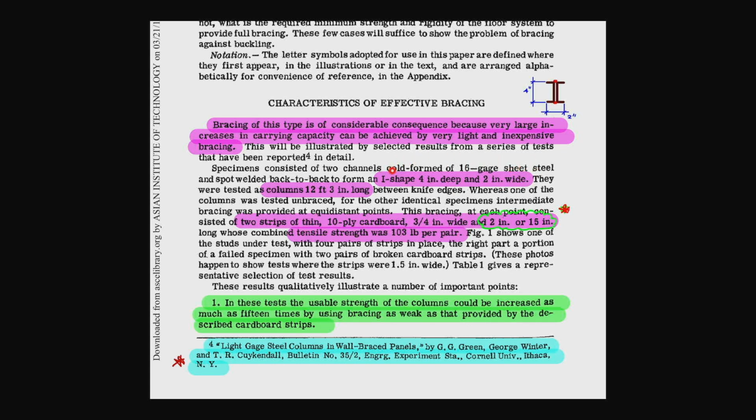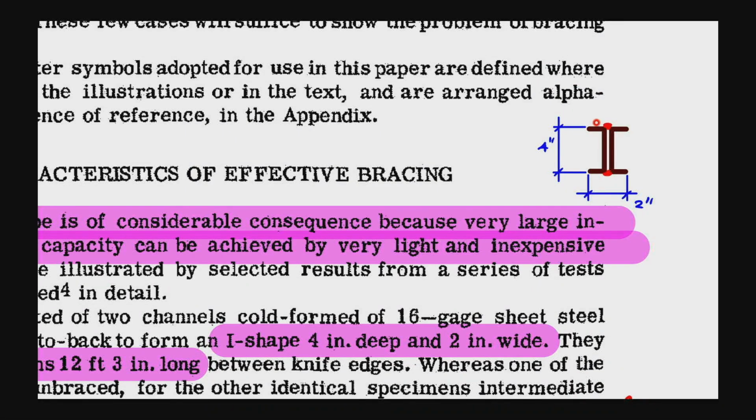It is made of 2 channels cold-formed of 16 gauge. Okay, 2 channels cold-formed, this one here. So this is one channel, another channel. It is a light gauge steel. It is not that thick, and so it is possible to cold-form it into the channel shape.